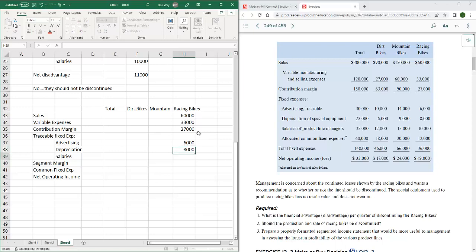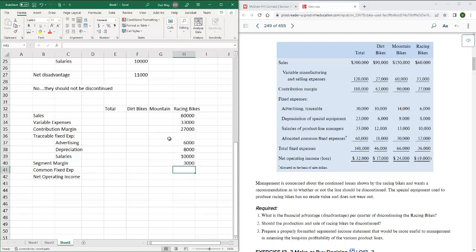Depreciation of that special equipment, 8,000. The salaries, 10,000. Well, let's see what that leaves us with a segment margin. We'll use the numbers to be explicit here. Contribution margin of 27,000 minus all the traceable fixed. So advertising of 6, depreciation of 8, and then salaries of 10. Leaves a segment margin of $3,000.